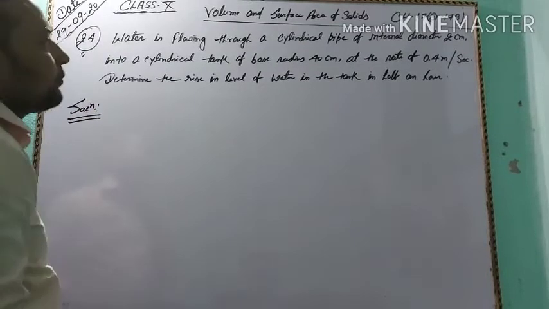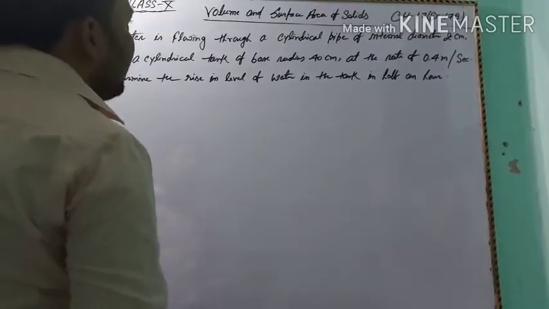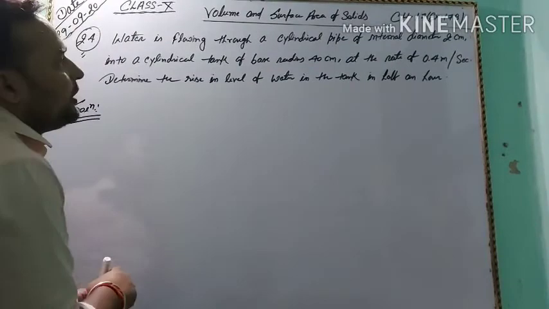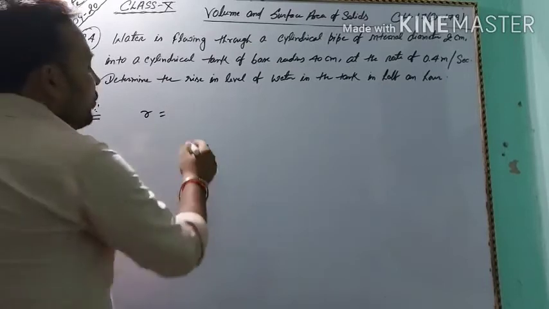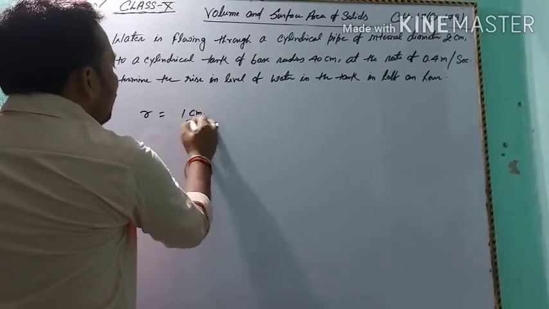First of all, radius of the cylindrical pipe, that is R. Radius of the cylindrical pipe is 1 centimeter because its diameter is 2 centimeter.